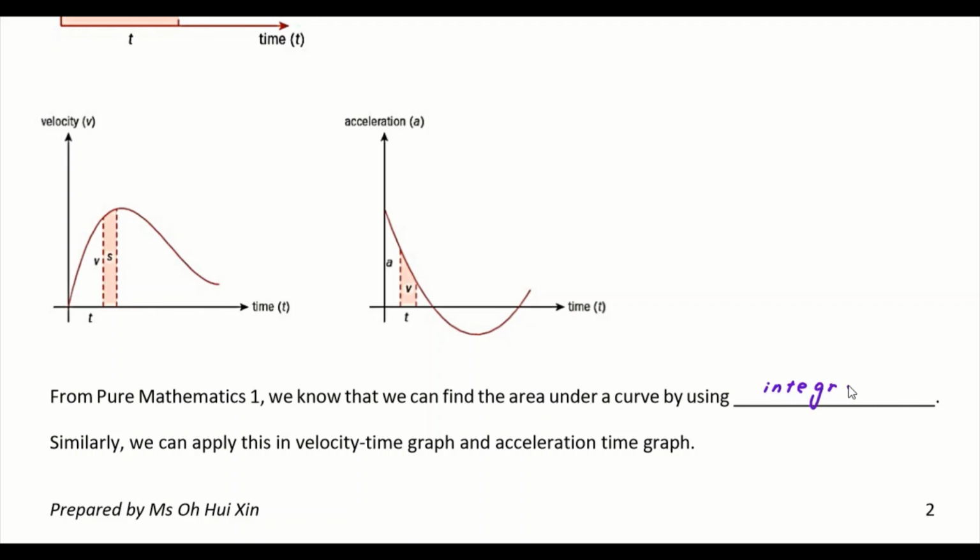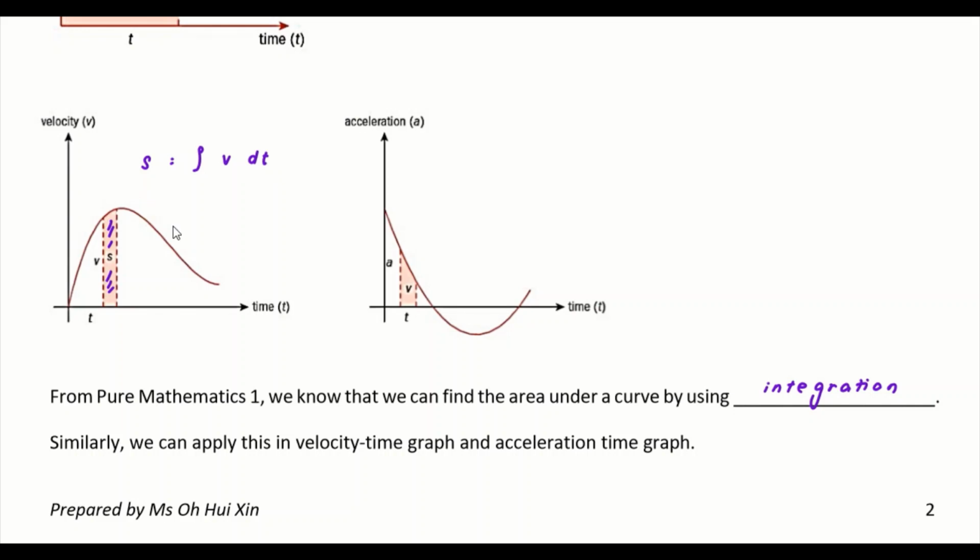So if we know that the area under the graph for a velocity-time graph gives me displacement, how do I find the displacement or the area here? It's by doing integration. I integrate the function of the velocity, then this is how I can get my s.